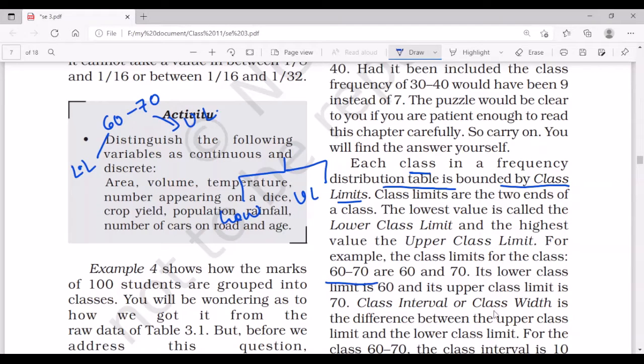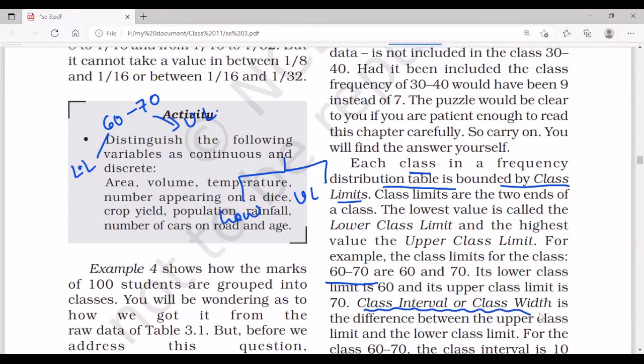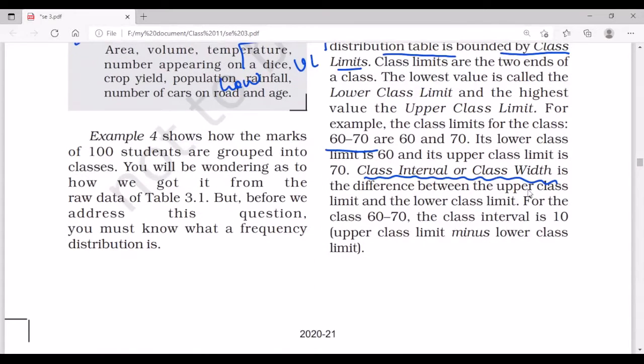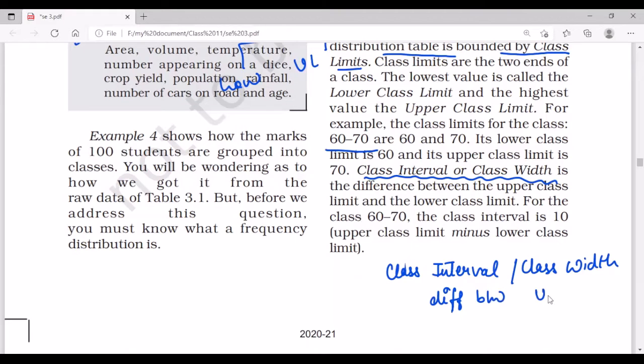Now the class interval or class width, these are synonym words. Class width is the difference between the upper class limit and the lower class limit. So what is a class interval? Class interval or class width is the difference between upper limit minus lower limit.